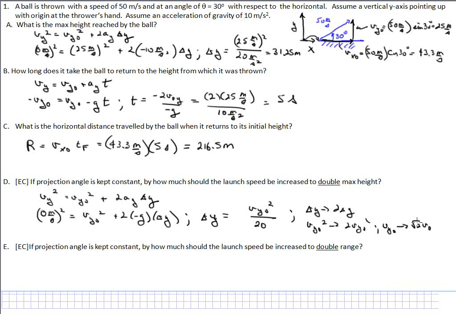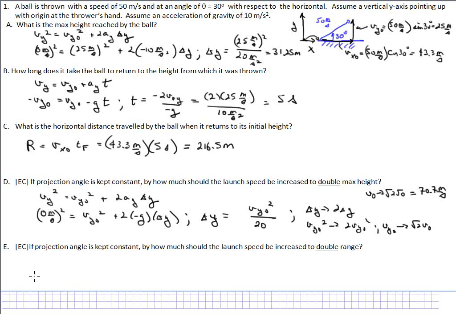And so multiplying Vy naught by the square root of 2, which is 1.4, means that I need to increase V naught, 50 meters per second, by the same amount, and so that turns out to be V naught then has to go to the square root of 2 times V naught, which means it'll go to 70.7 meters per second.